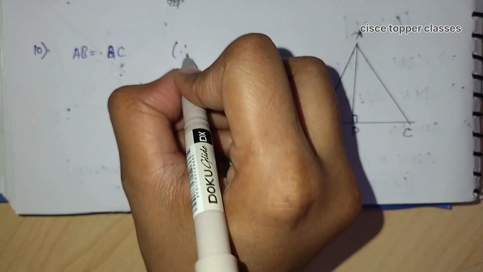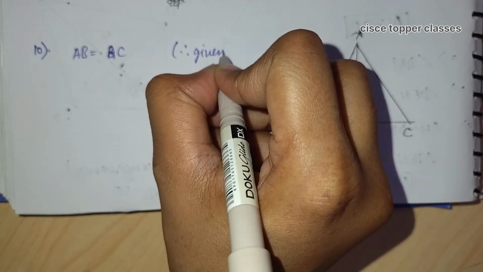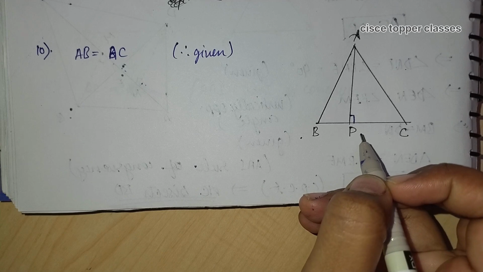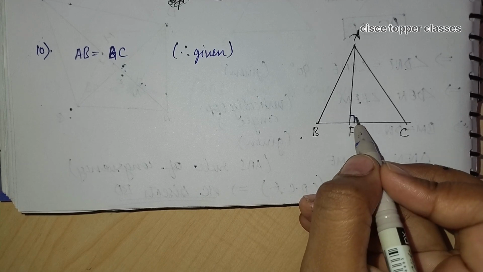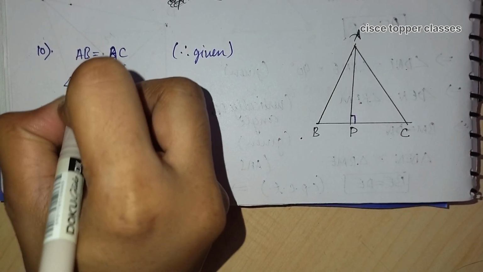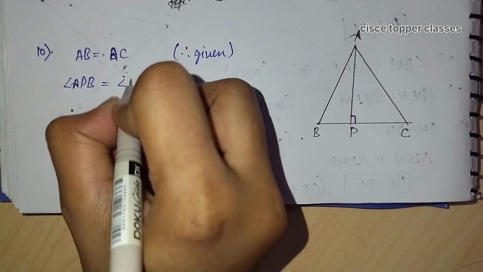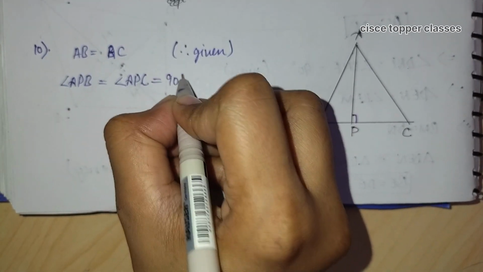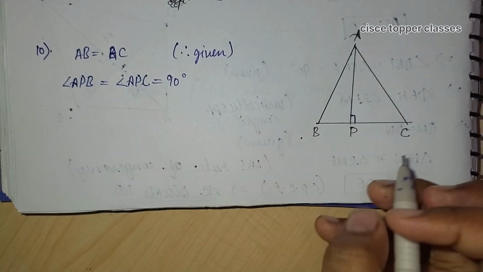This is given. Now we have AP perpendicular to BC. So similarly we can write it as 90 degrees. So angle APB is equal to angle APC. So this is equal to 90 degrees in both the cases.